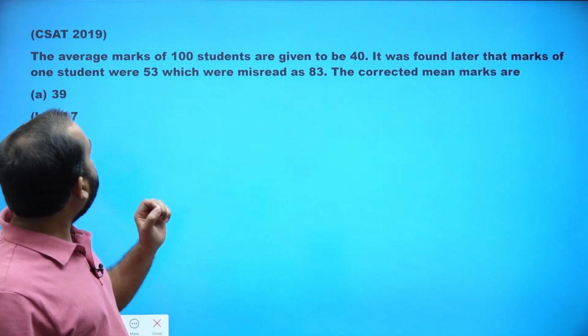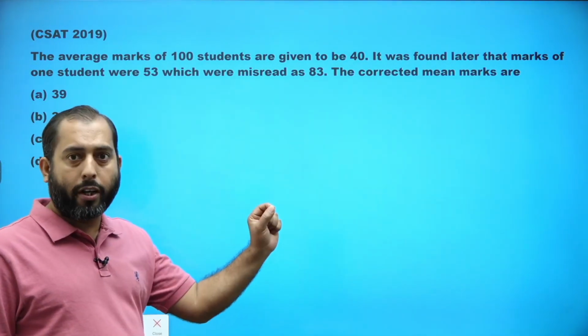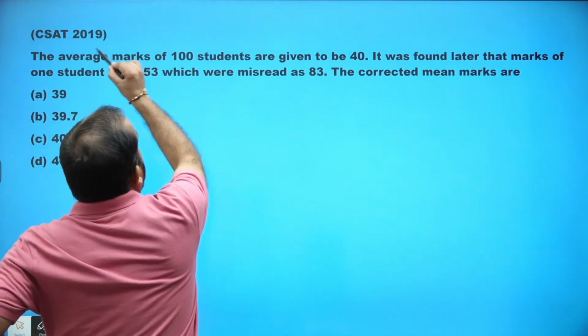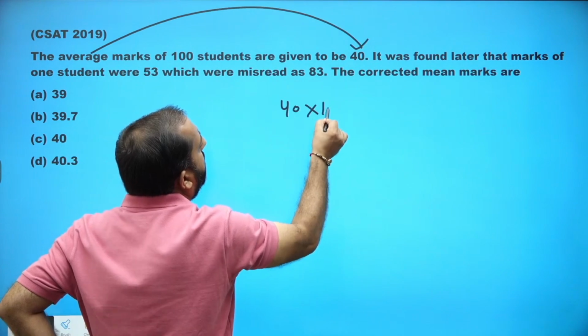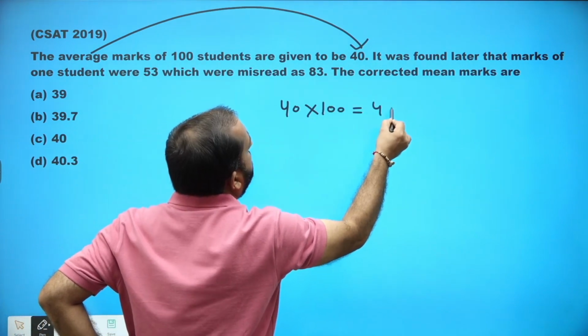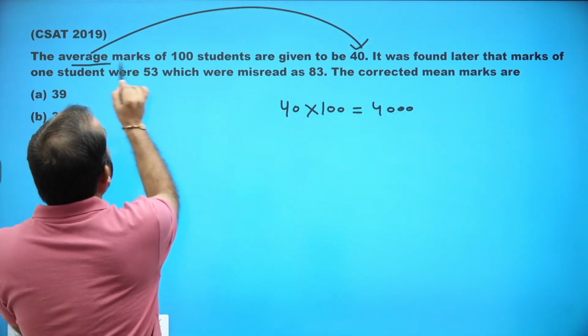In this question, the average marks of 100 students are given to be 40. Average is 40, number of students is 100, so this is 4000. 4000 is the total marks.